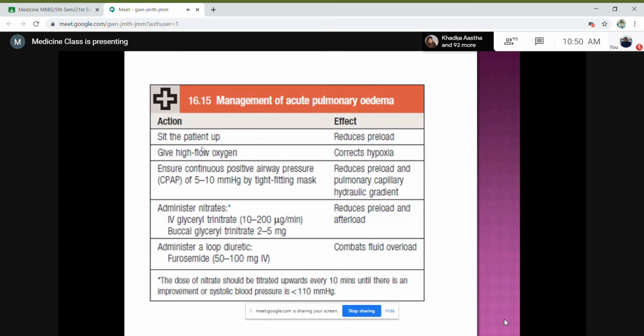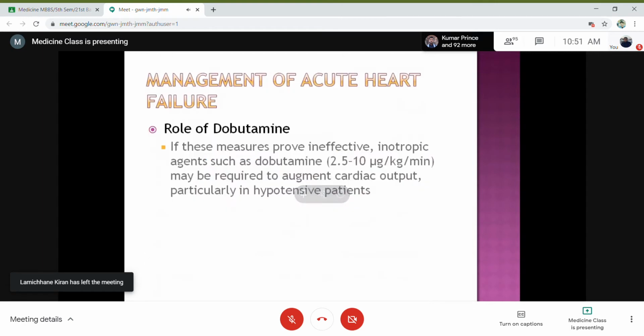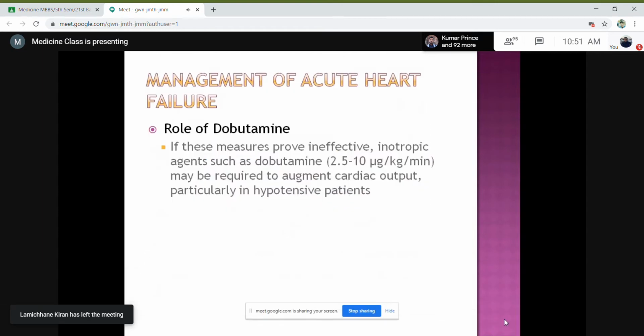We can give it by the IV route, that is glycerol trinitrate, and it can be given in a buccal dose as well, 2.2 to 5 mg buccal dose. And if the patient has fluid overload, there is a role of furosemide as well.